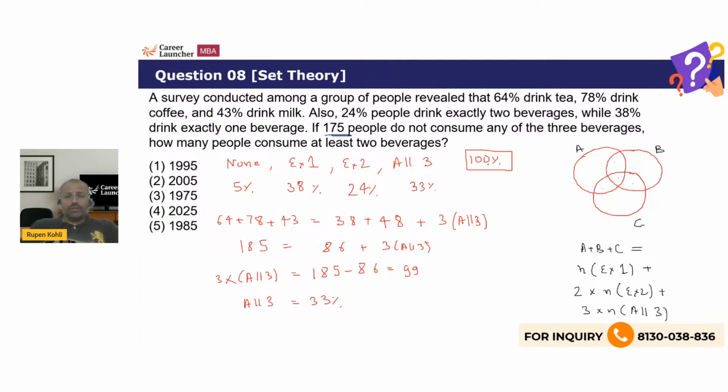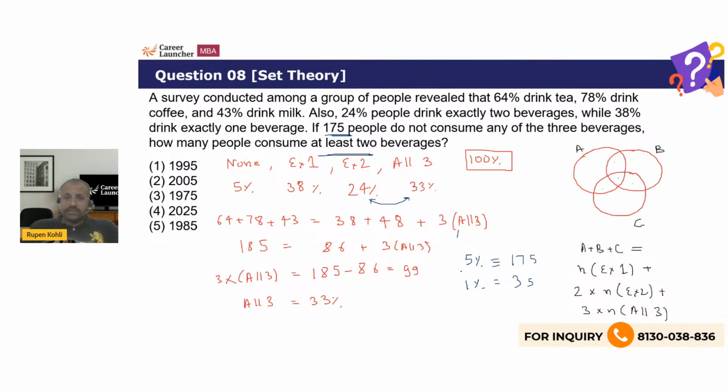Okay. So all three is 33%. Therefore, none is 5%, and that 5% is 175 in value. So 5% is 175, so 1% is 35. So how many people consume at least two beverages? At least two means either two or all three. So 24 and 33, which is your 57%, right?